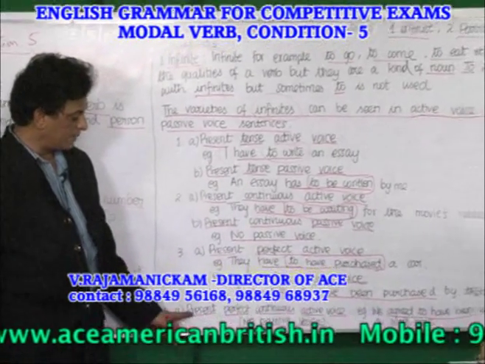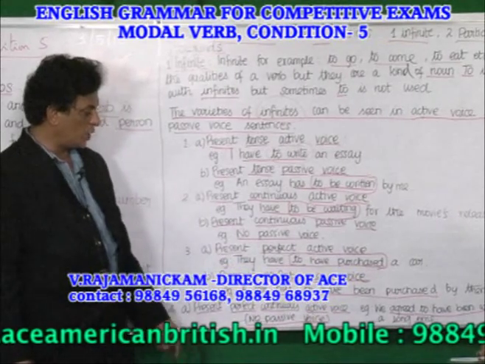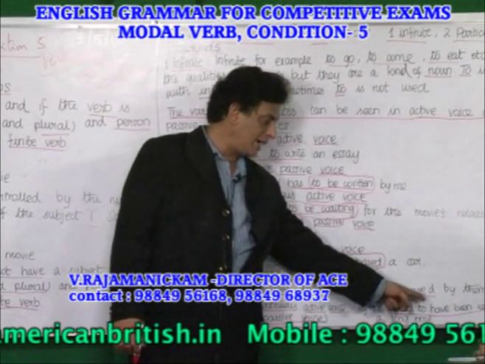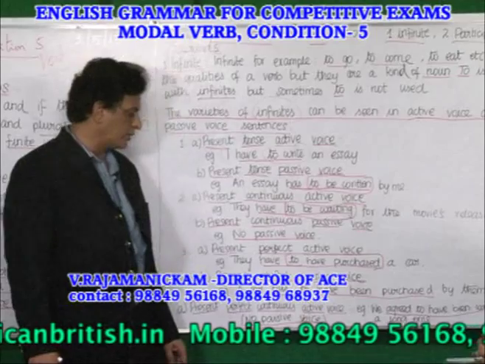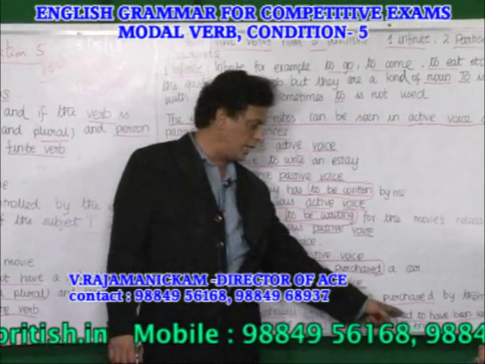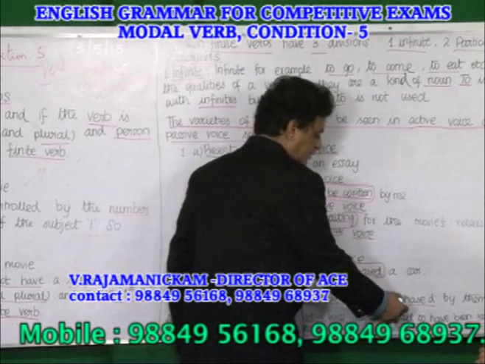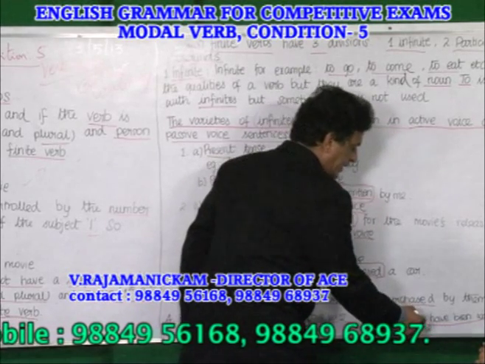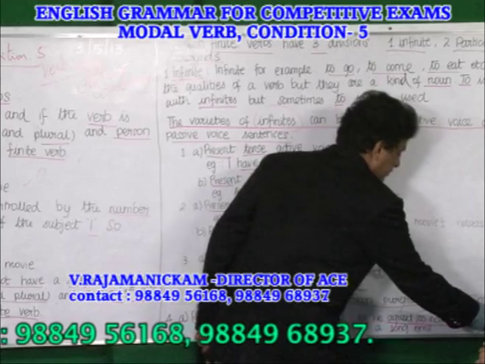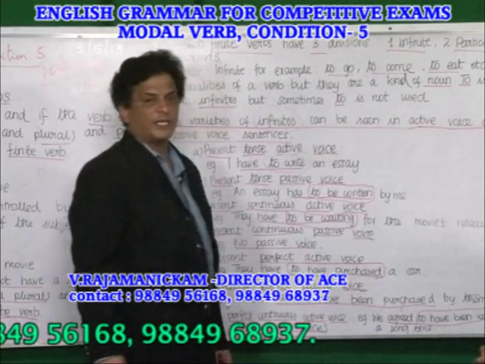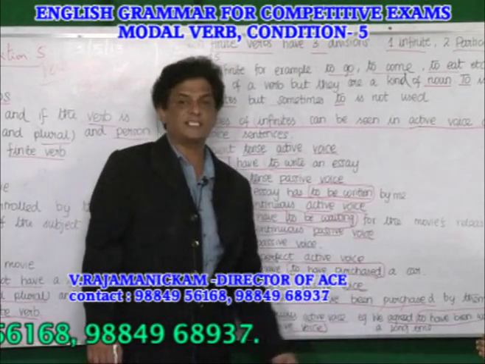Then you come to present perfect continuous active voice. We agreed to have been waiting for a long time. What is the subject here? We. What is the verb here? Agreed. Then the entire thing, to have been waiting, becomes what? Infinitive perfect continuous. No passive for that.